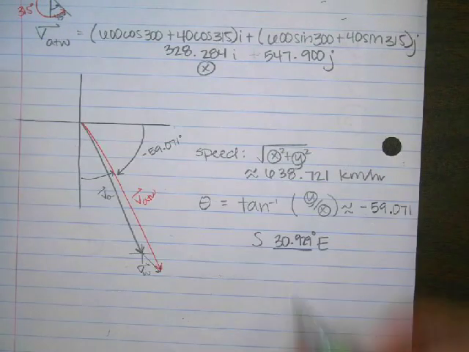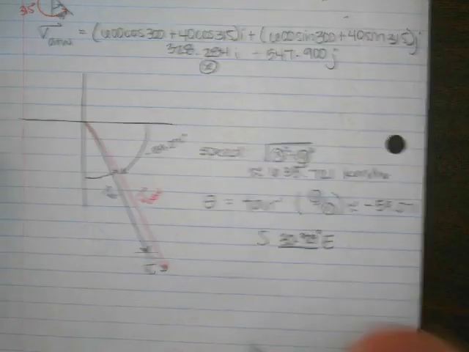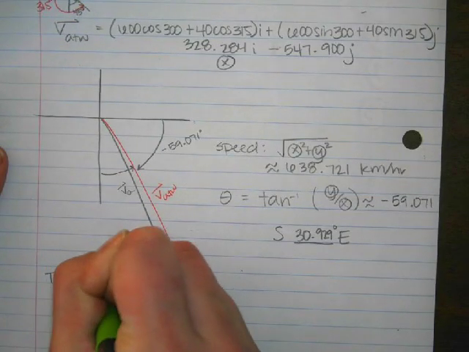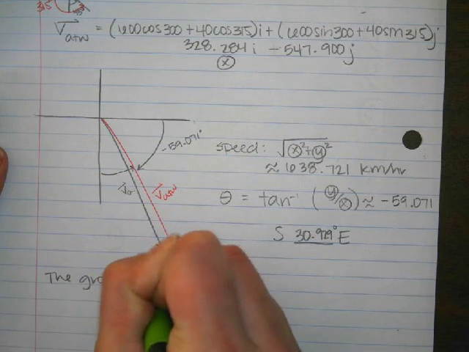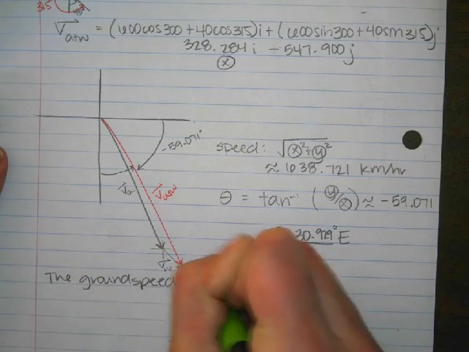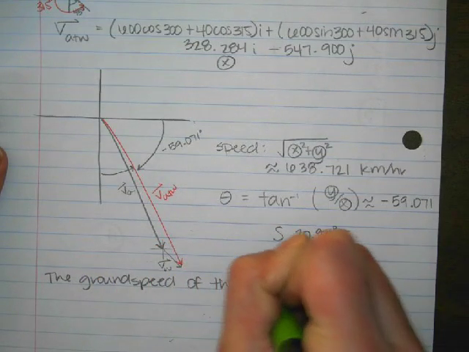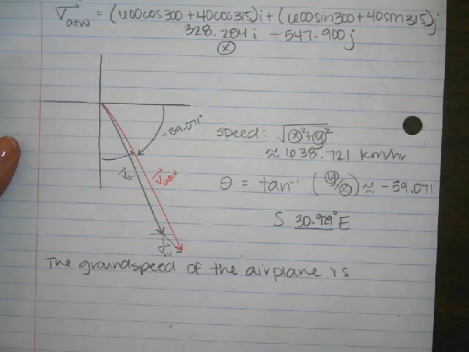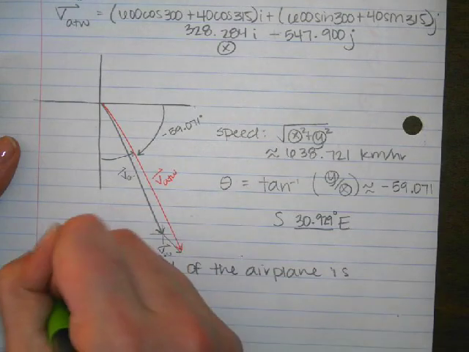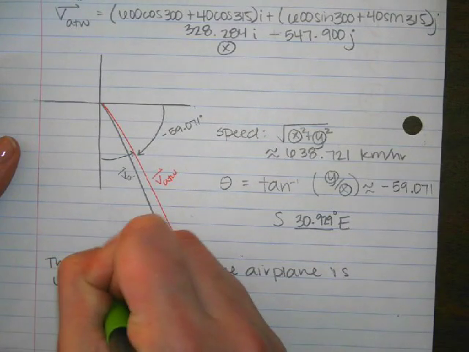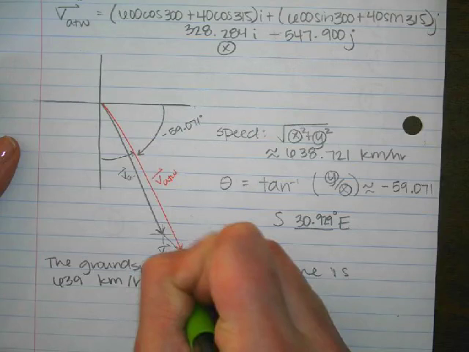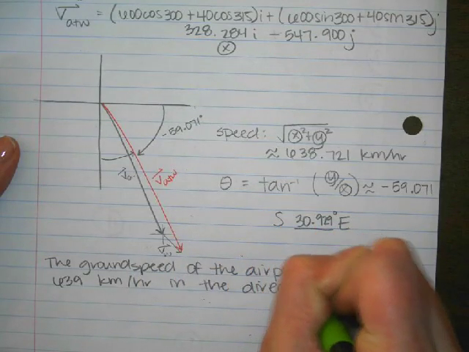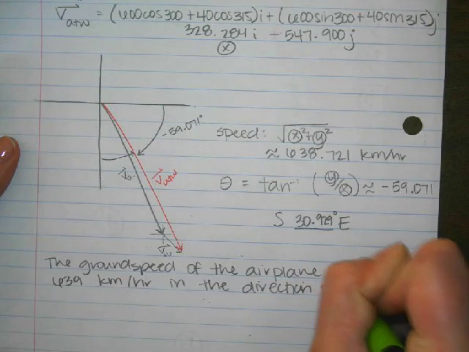So I'm going to say the ground speed of the plane is 639 kilometers per hour in the direction south 31 degrees east.